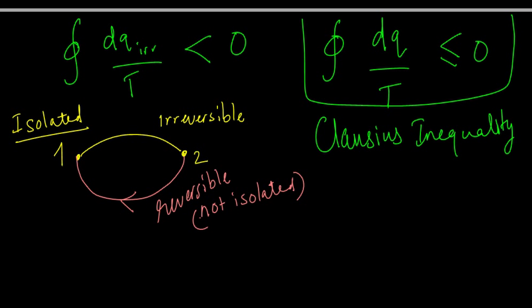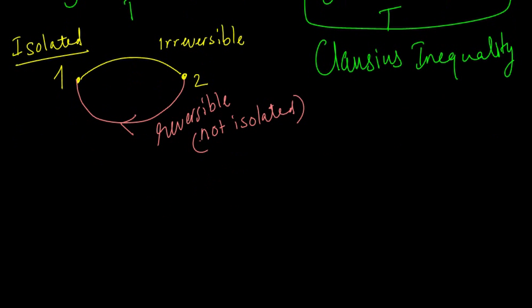And then let's calculate what exactly are the quantities we can get. So first is the irreversible path. The heat exchange is 0. It's an isolated system. Just by the fact that it's isolated, Q irreversible is equal to 0.